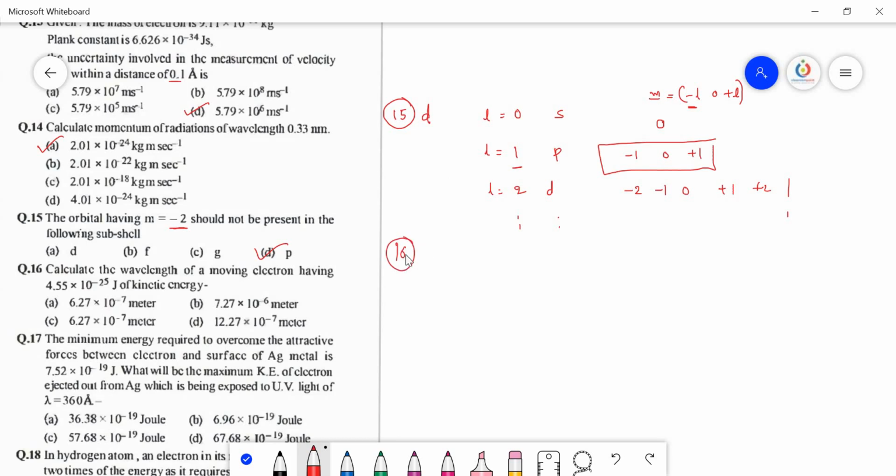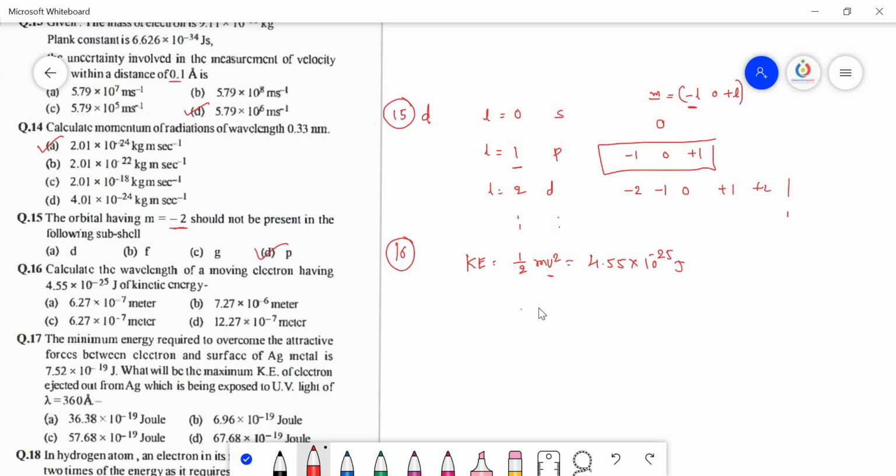Now let us solve question number 16. Calculate the wavelength of a moving electron having 4.55 into 10 power minus 25 joules of kinetic energy. We know that kinetic energy equals half mv square, which is 4.55 into 10 power minus 25 joules.